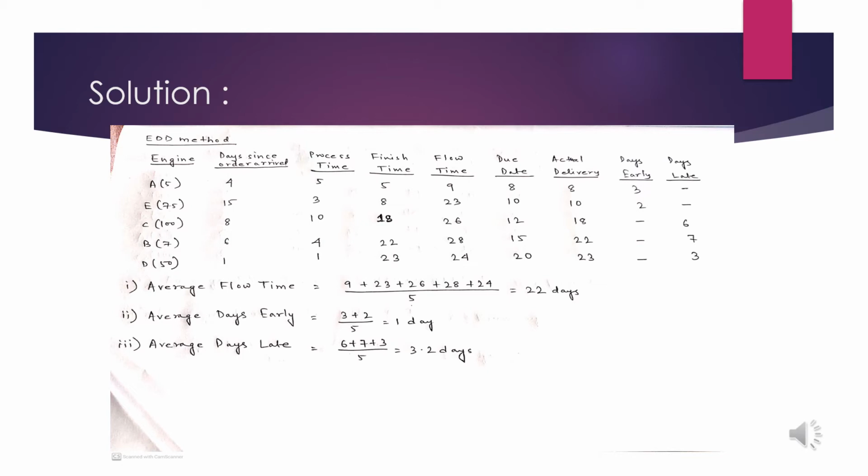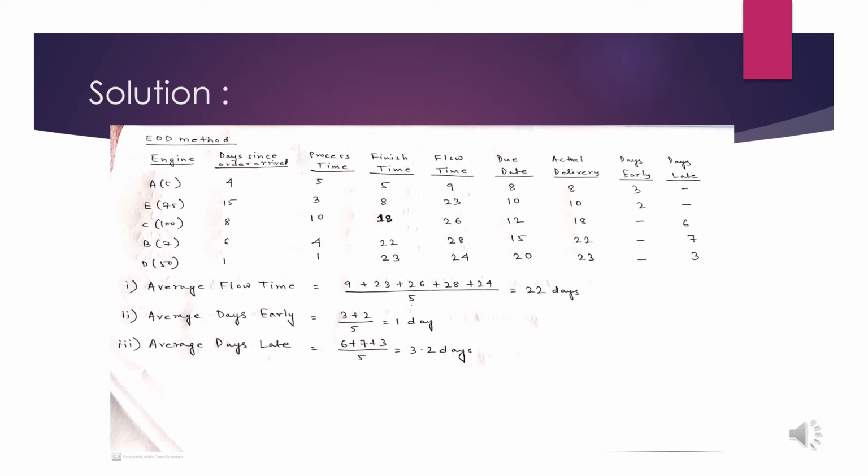The due date for work C is 12, but the work has been finished at 18, so the actual delivery is at 18. So days late becomes 6. Coming to B, the due date is 15, but the work has been finished at 22, so the delivery will actually be taken at 22, which gives days late of 7.